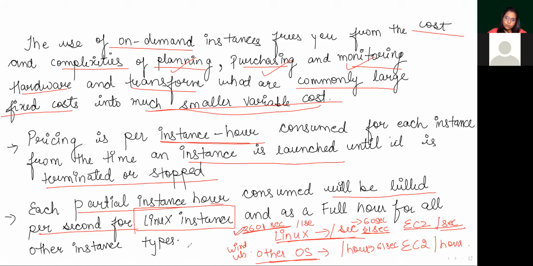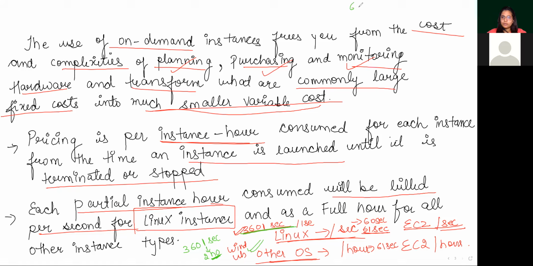But with other OSs, if you use them for that long, it will start a second hour, so they will charge you for 2 hours for 3,601 seconds. Actually, there are 3,600 seconds in 1 hour.